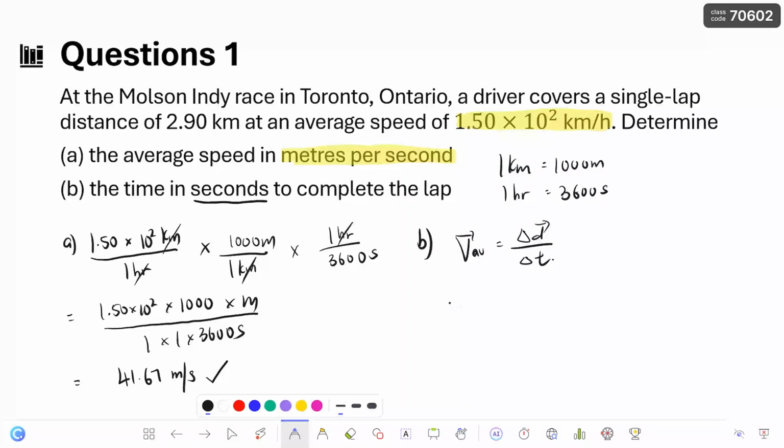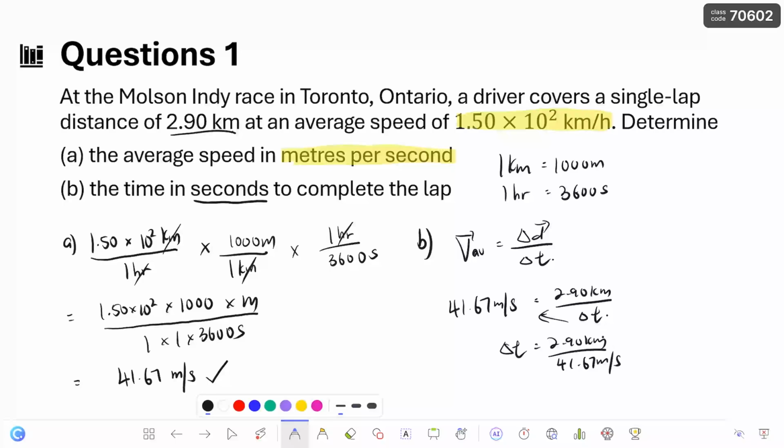So the speed is 41.67 m/s, and the distance given in this question is 2.9 km. So we just insert into the formula and we are able to find the time to complete the lap. We just rearrange the formula: delta t is equal to 2.9 km divided by 41.67 meters per second.